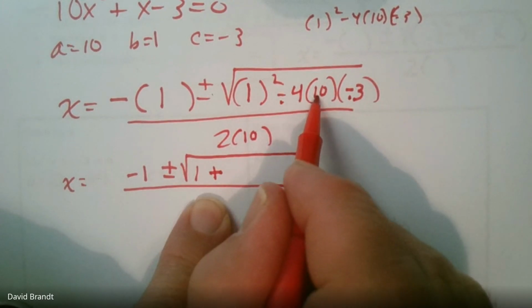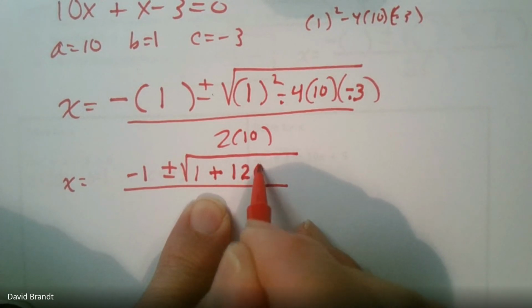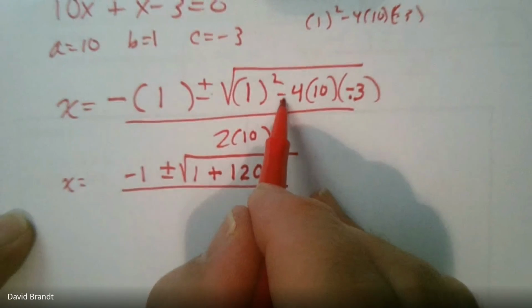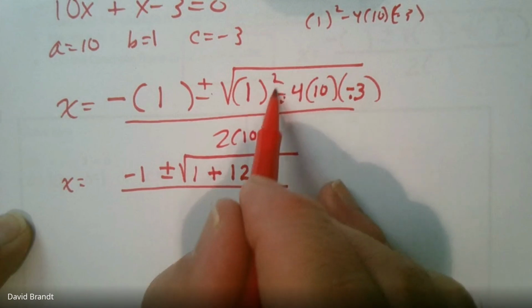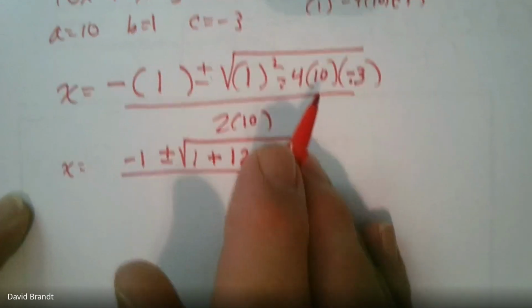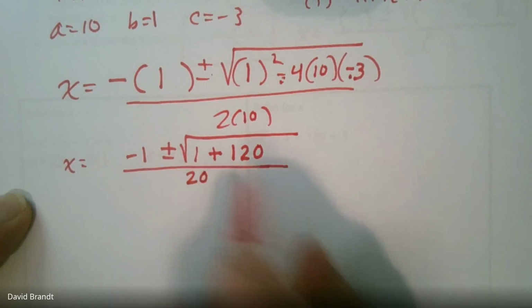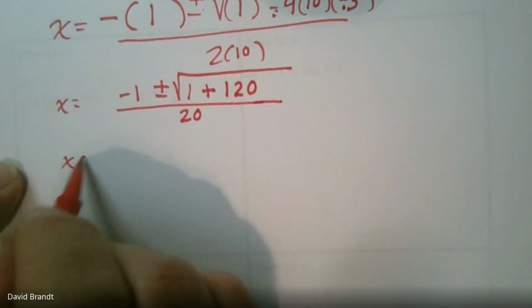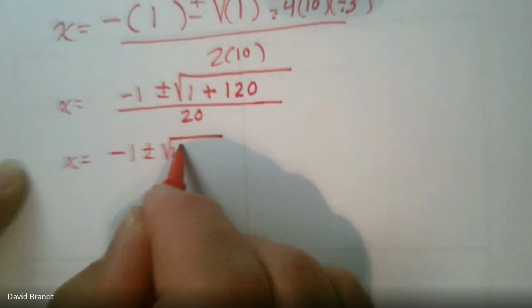And 4 times 10 times 3 is 120. But that isn't going to be positive because you have a minus times a negative, and a minus times a negative is going to turn that into a plus. And the denominator, 2 times 10, is 20. Okay? All right, so the next thing we're going to do is put the 1 and the 120 together. That's 121.